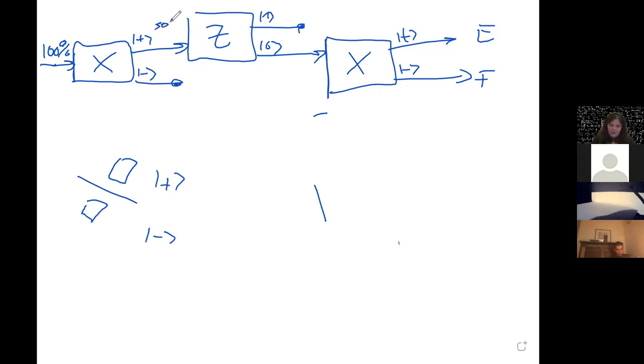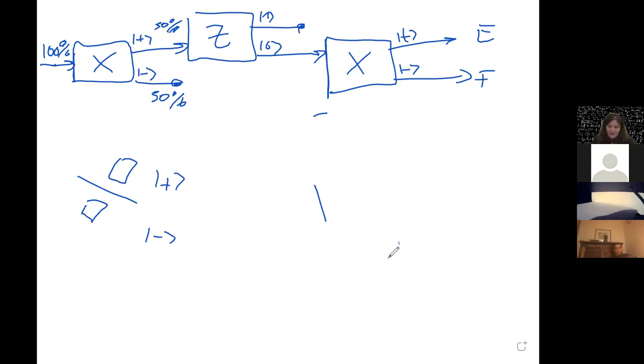So 50% of the beam will be in the plus state and 50% in the minus state. So 50% will more or less be spin left and 50% spin right. Okay, now we only put this 50% plus into the next one.